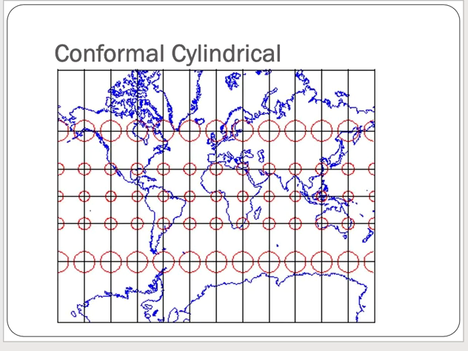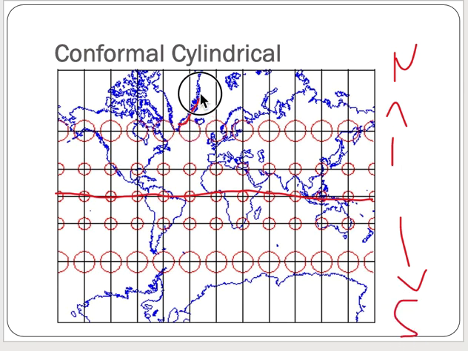Now let's look at a conformal cylindrical map, and you can see that the areas are not distorted along the standard parallel. Here is the standard parallel, and again, this is tangent case. But as you move farther north or south, we can see that the area becomes larger and larger.